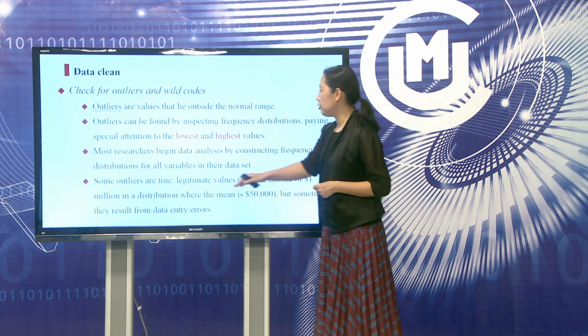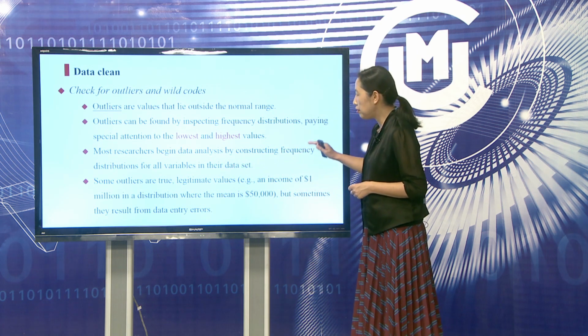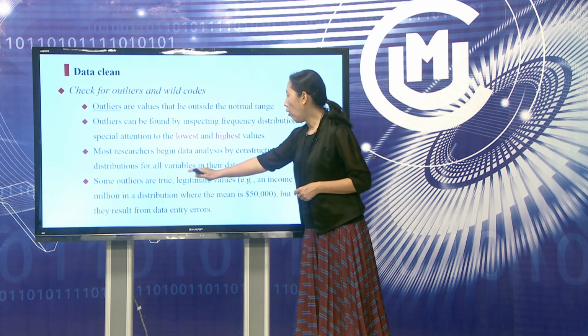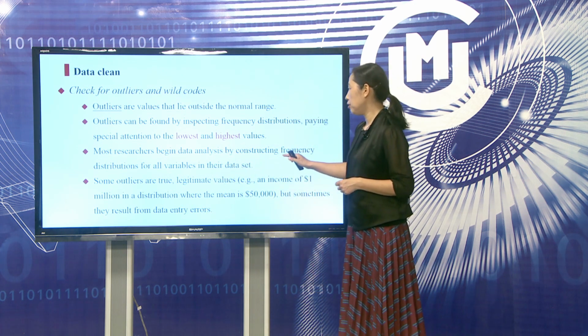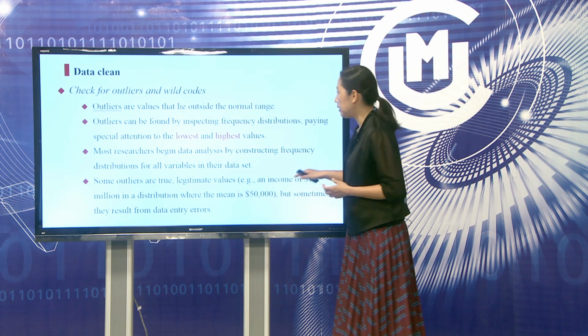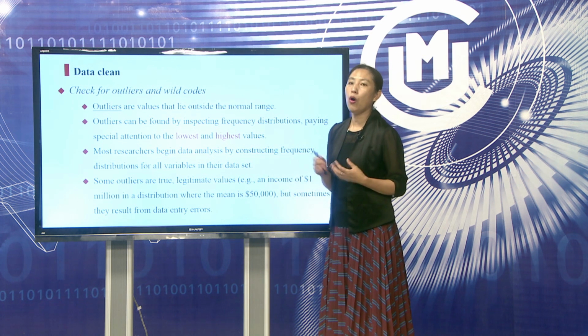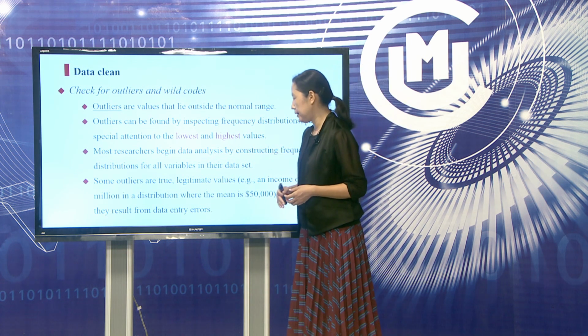Most researchers begin data analysis by constructing frequency distributions for all variables in their data set. So for some researchers, such as me, I will run the frequency distributions for all variables, and see if outliers exist.